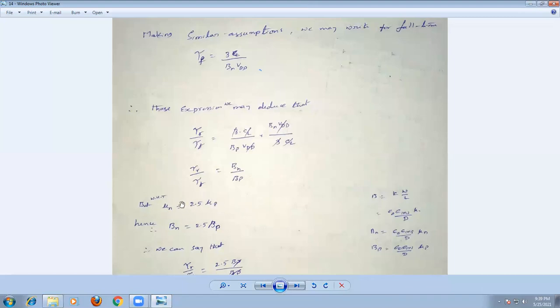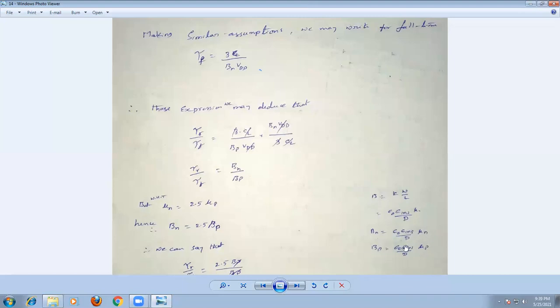At this condition, what happens? Beta N is equal to 2.5 times the value of beta P, because beta is equal to k into W by L, and k is equal to epsilon naught epsilon of insulator into mu by d, the thickness of the oxide layer. Now epsilon naught epsilon insulator divided by d is constant for both the P channel and N channel. Only the mobilities, mu N and mu P, will be different.